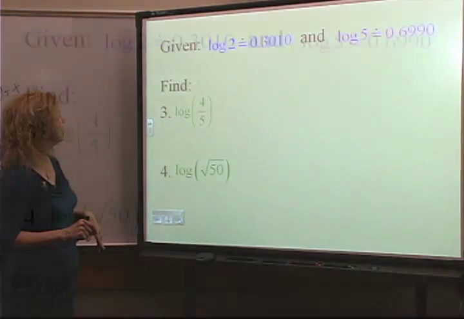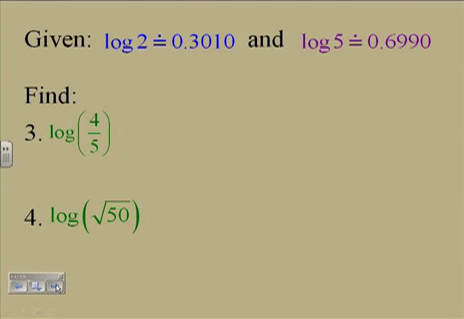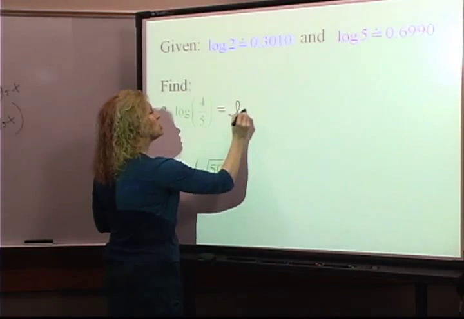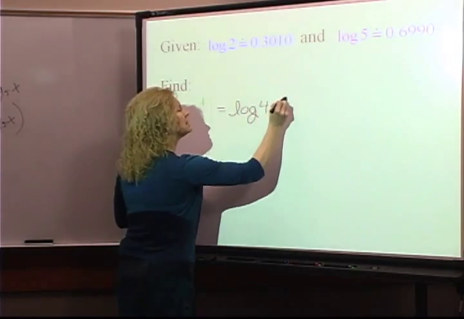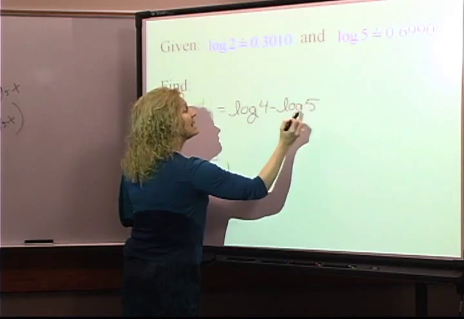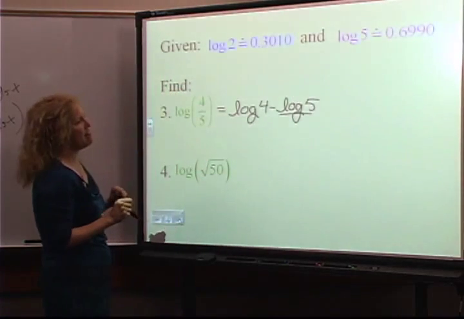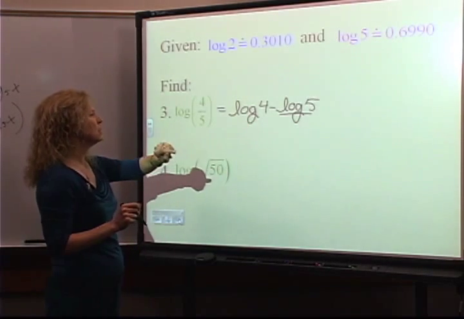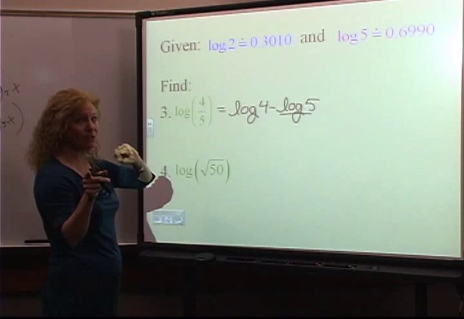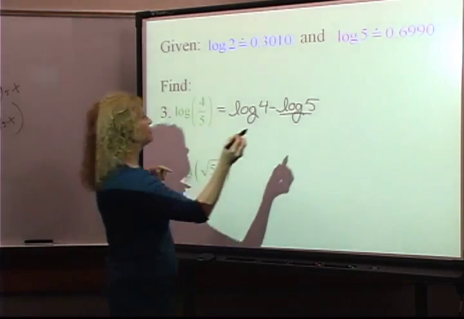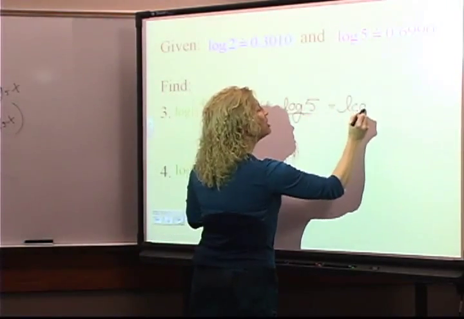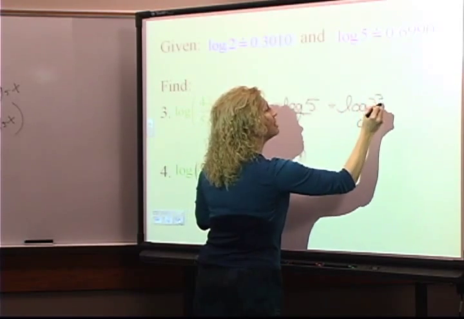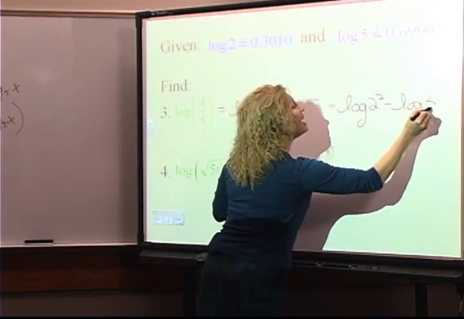Number 3, log of 4 over 5. Well, I know that is subtraction. So we have log of 4 minus log of 5. And I have a decimal for that guy. I don't have a decimal for log of 4. But 4 is 2 squared, right? So this is log of 2 squared minus log of 5.